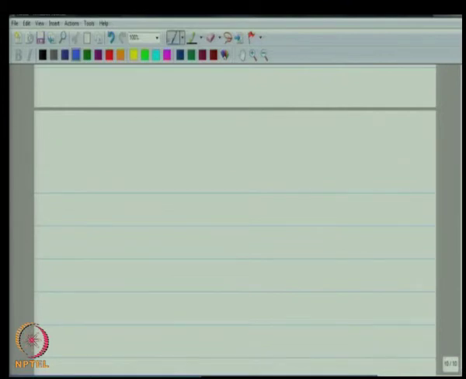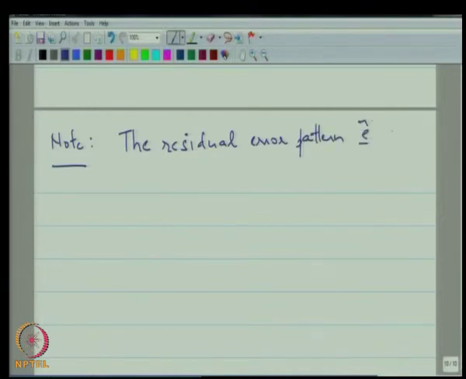Note the residual error pattern E tilde is independent of the transmitted code word.